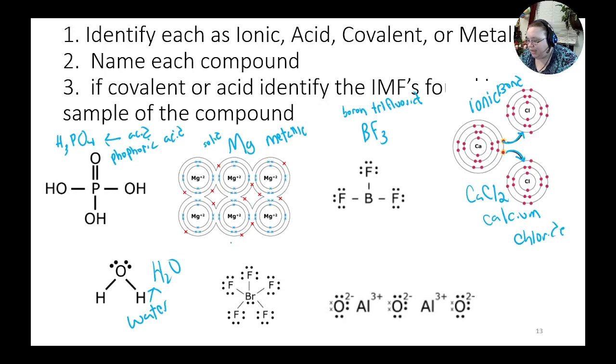Br and F. Bromine is further down in the group, therefore it is more metallic than fluorine. So bromine would go first, fluorine would go second, BrF5. Both of these are nonmetals, so this is covalent, which means its name's going to have prefixes. So bromine, remember we don't use mono on the first element.